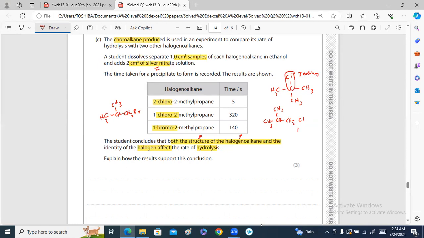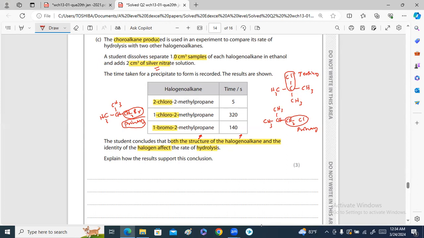This is the primary halogenoalkane, and this is also a primary halogenoalkane. So the structure is tertiary, primary, primary. This also contains a C-Cl bond and this a C-Br bond. So the rate of hydrolysis depends upon whether the structure is tertiary, primary, or secondary, and which bond is present there, C-Br, C-Cl, or C-I.